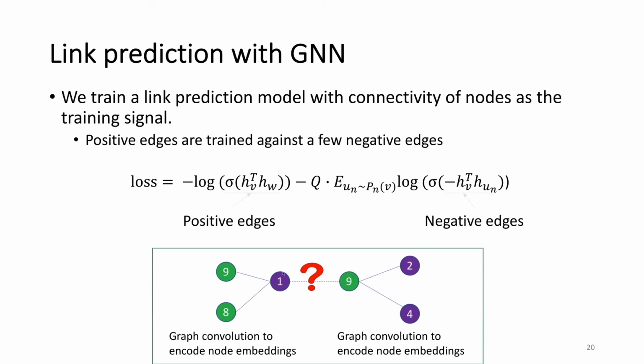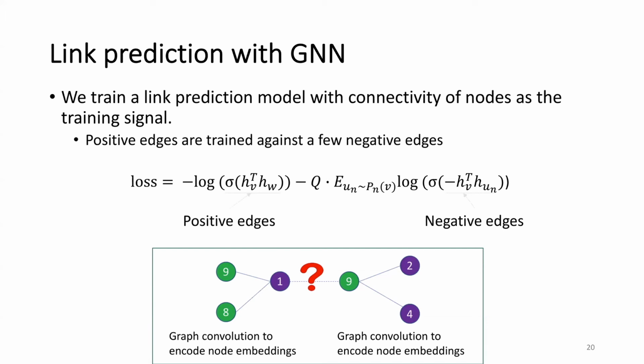Then I have a score function, which is the dot product of those two representations, where H_V corresponds to 1 and H_W corresponds to 9, for example, and attach that to a sigmoid function. This function should be high if there's a real edge between 1 and 9, and low if there's no edge between 1 and 9.